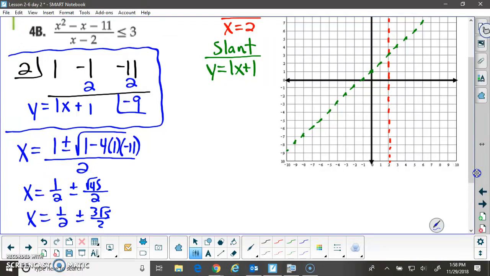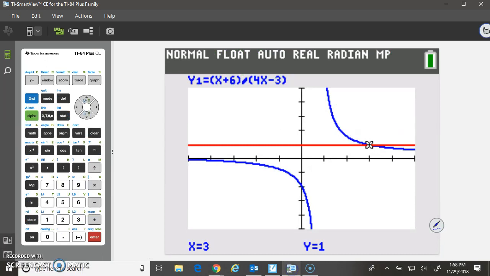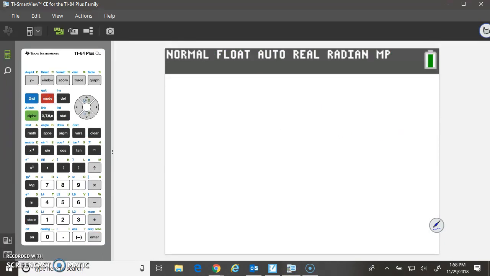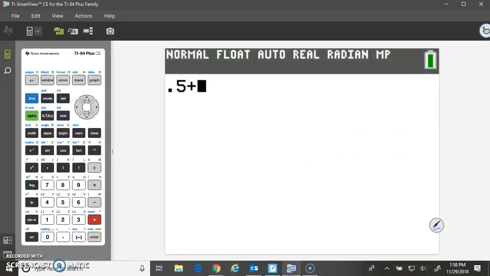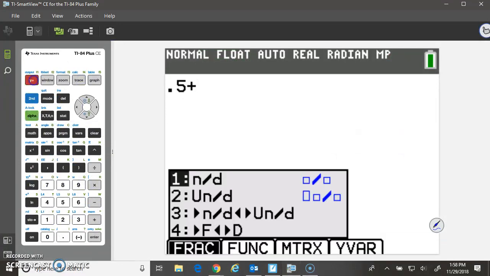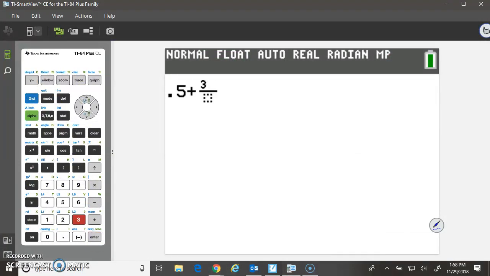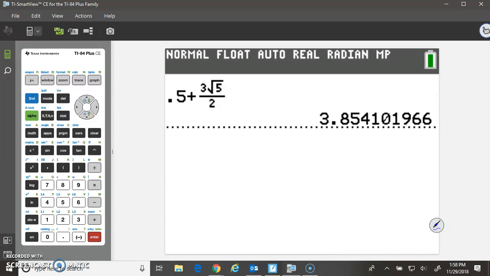Let's get decimal approximations on those. So if I do 0.5 plus, I think it was 3 square root of 5 over 2, that gives me about 3.8.